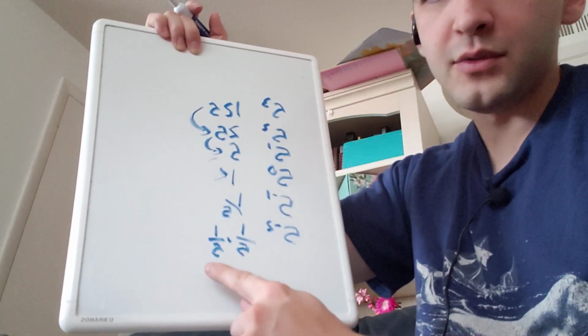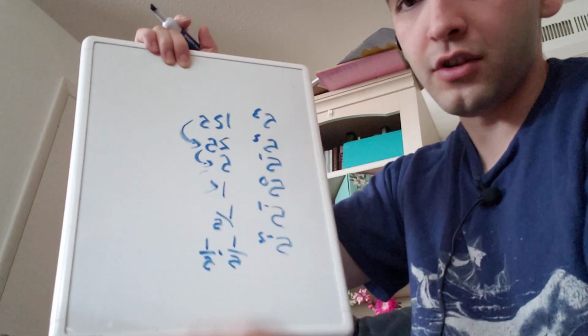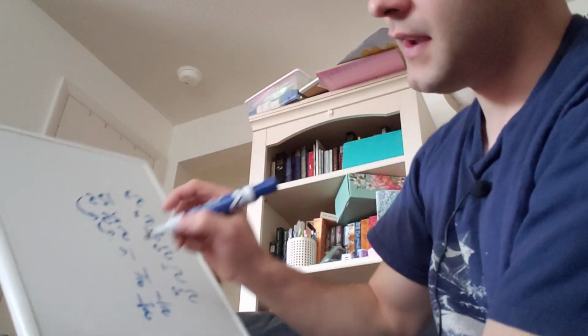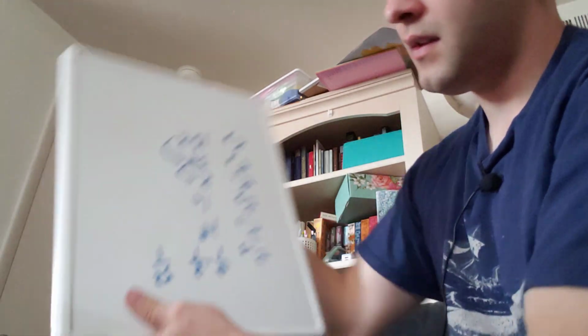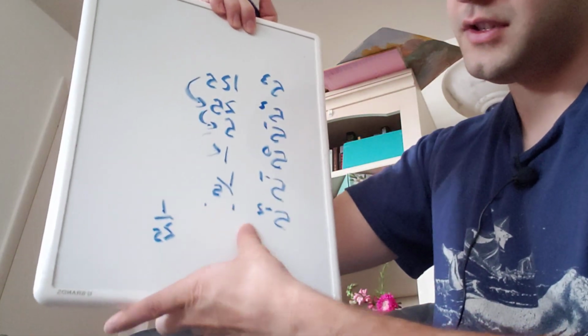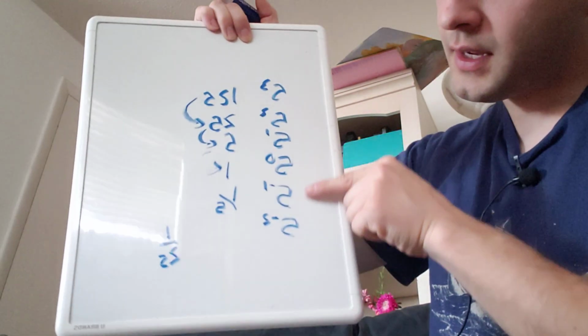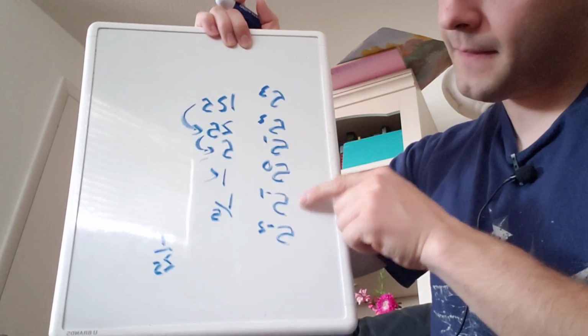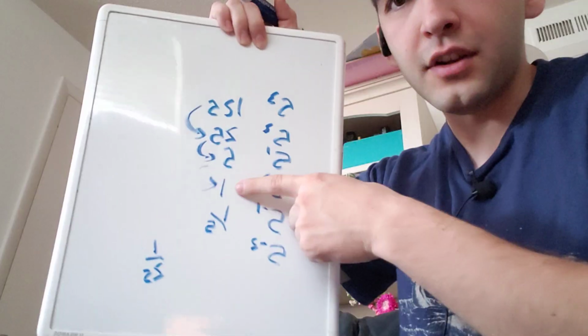So 1/5 times 1/5, it's multiplication, so we just multiply straight across on the top and bottom. And that gives us 1/25. And now an interesting pattern comes in, which is that here is 1, that's kind of our center point.